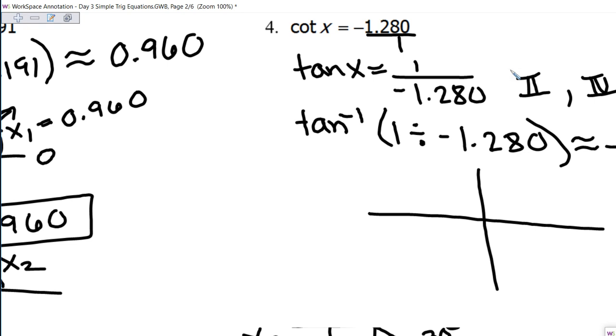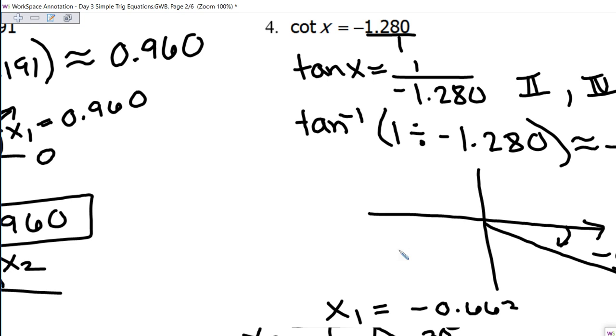It was clockwise. So here's still the initial side, but we went clockwise down negative 0.663 radians. Now technically that's my first answer. Technically I could say x1 is equal to negative 0.663.